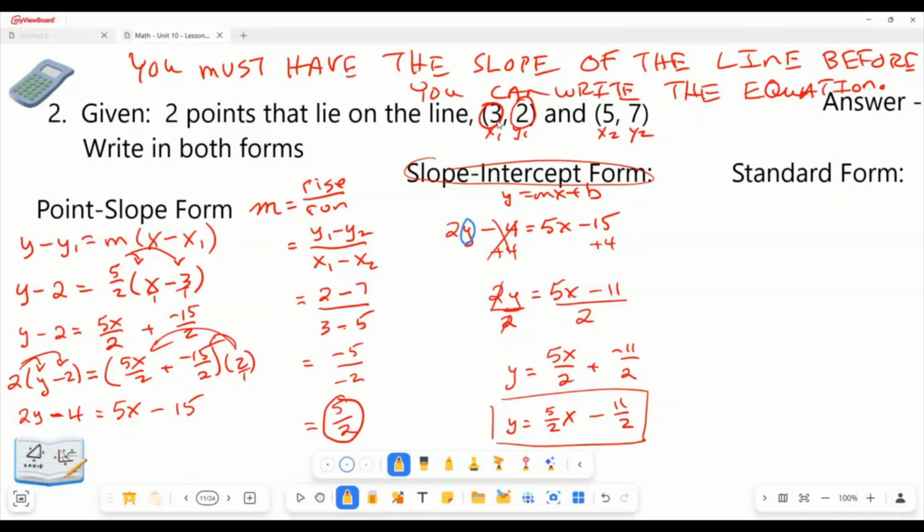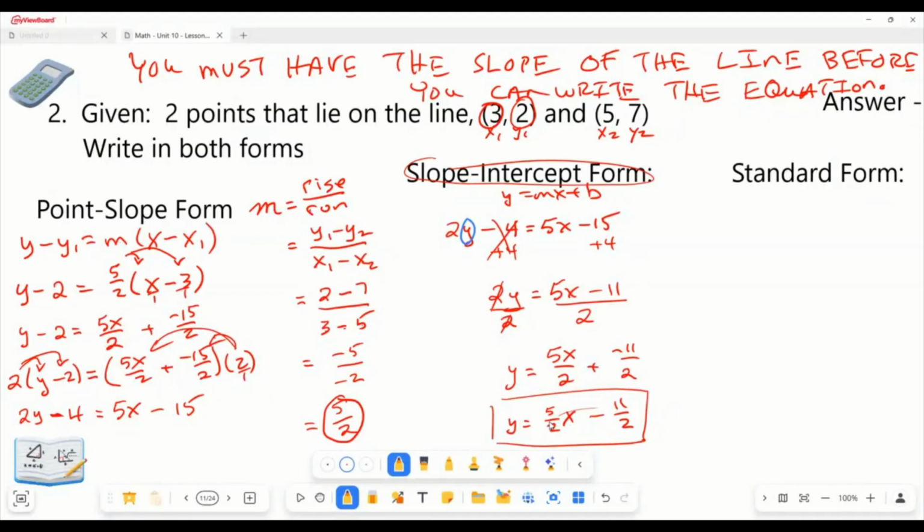Which means if I put 3 in for x and 2 in for y, both sides of that would come out to be the same thing. If I put 5 in for x and 7 in for y, and I did all the arithmetic over here, I would end up with 7, because 7 is over here for y. All of this stuff would add up to 7 when I put 5 in for x.